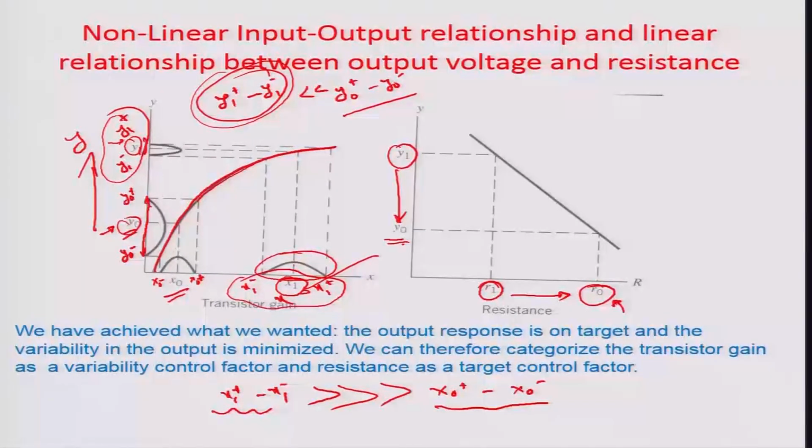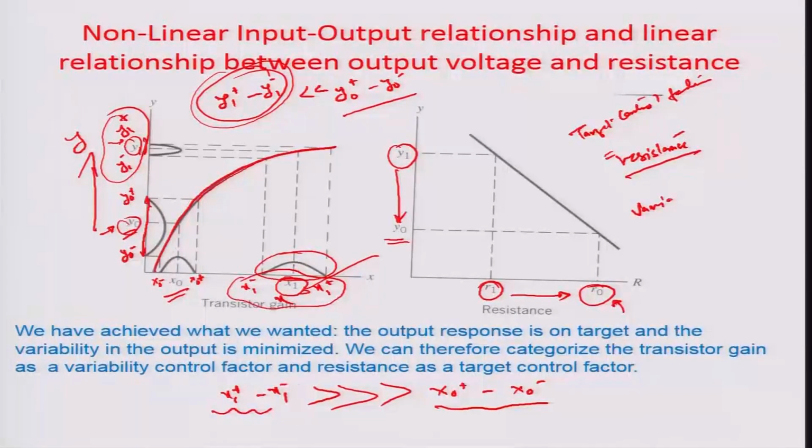So, in this case, the target control factor is the resistance. The resistance is allowing the output voltage to change back to the target value. So, you can call this the target control factor, and the variability control factor is the transistor gain.